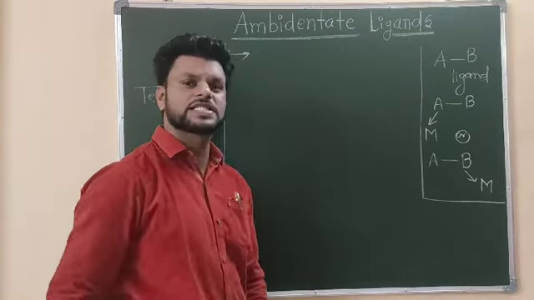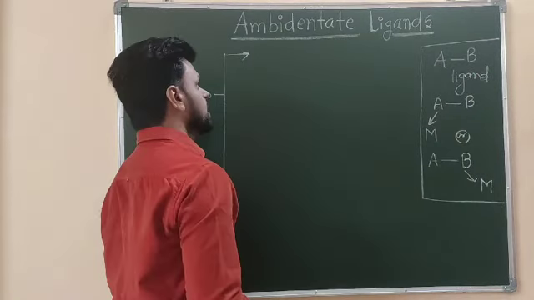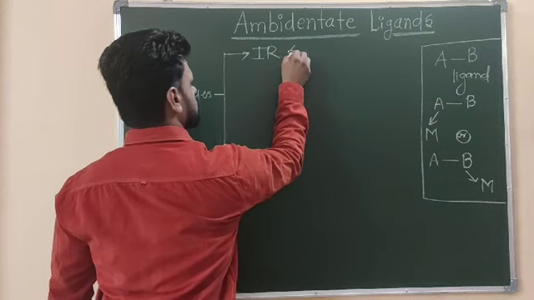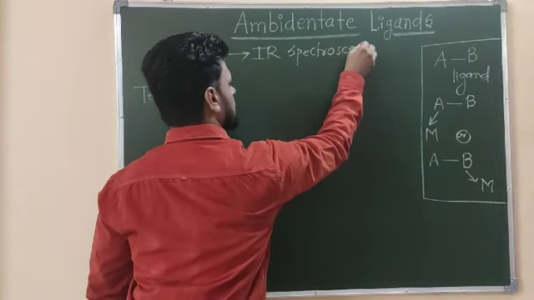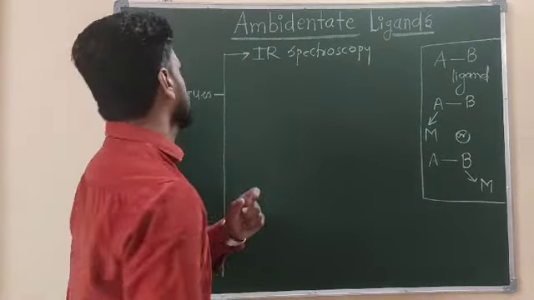One of the basic techniques in coordination chemistry used for this study is IR spectroscopy. Infrared spectroscopy is widely used to investigate the type of bonding.